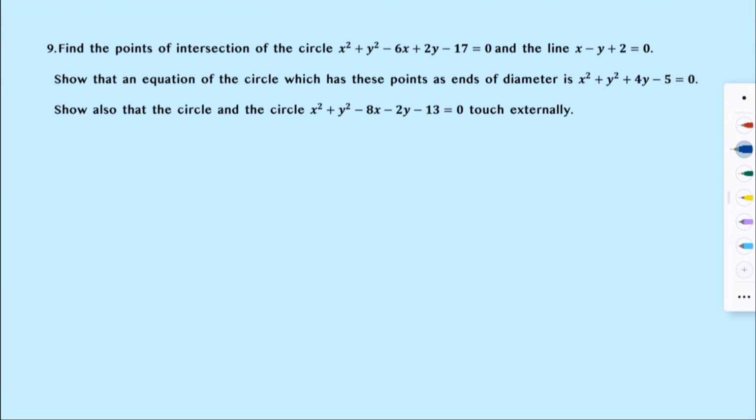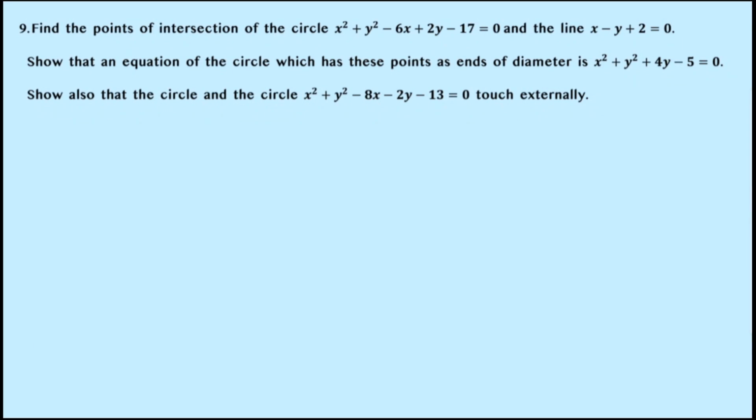Question number 9. Find the points of intersection of the circle x squared plus y squared minus 6x plus 2y minus 17 equal to 0 and the line x minus y plus 2 equal to 0. Show that an equation of the circle which has these points as ends of the diameter is that equation.